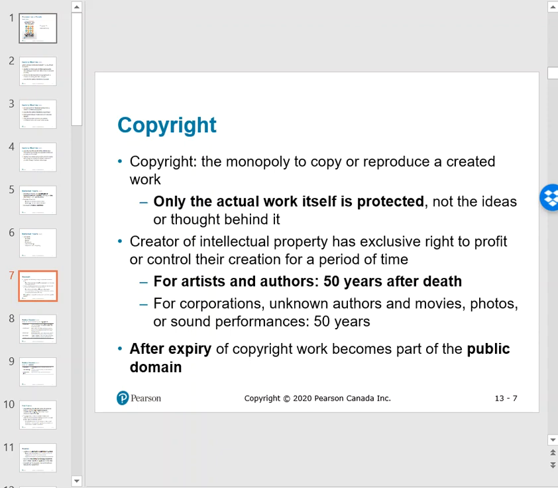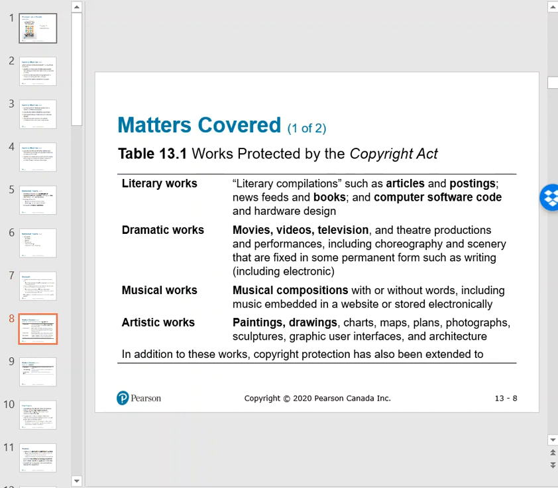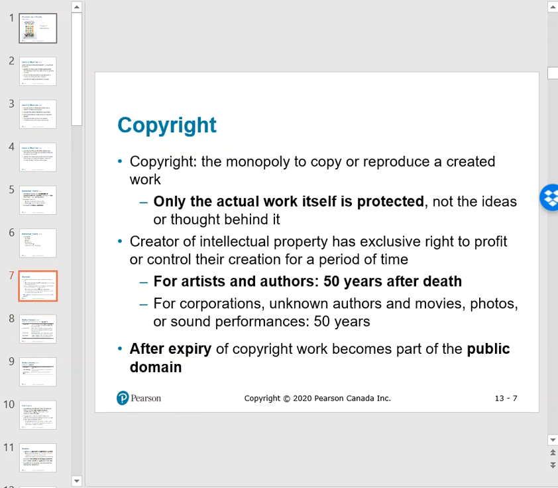So when I say the work itself is protected, I'm saying that the article itself, once available in a physical format, is protected. It is the book itself that is protected. It is not the idea behind the book, not the idea behind the movie. It is the movie itself. It is the book itself.